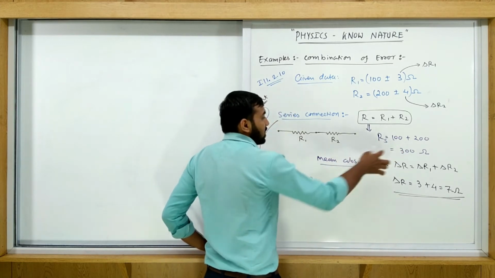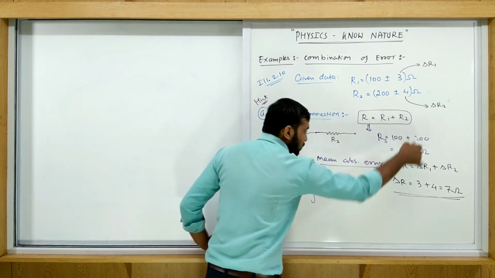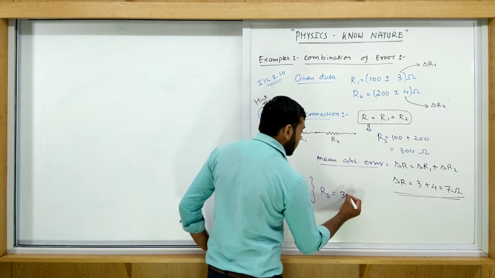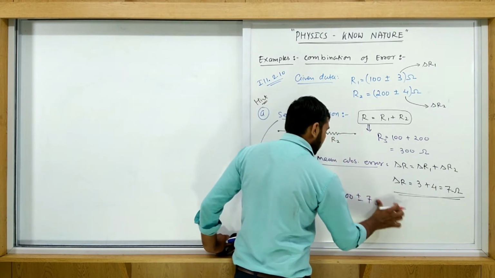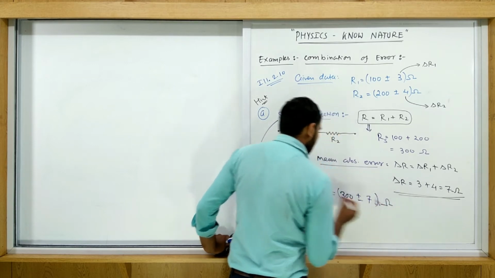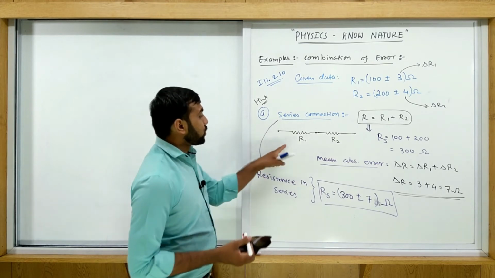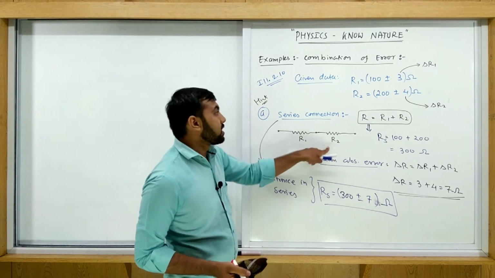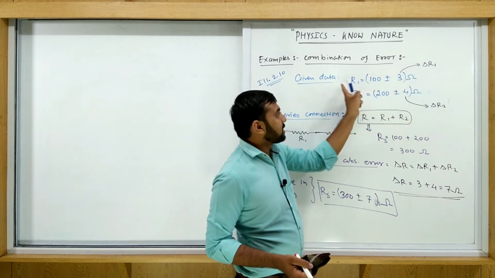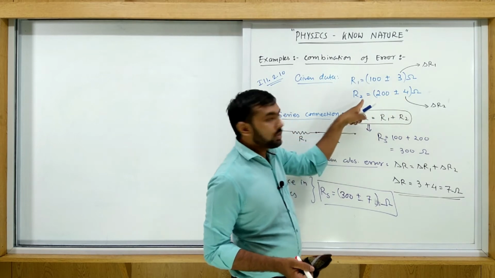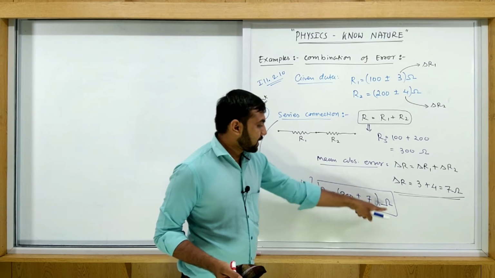It is also called RS: the average value plus or minus delta R. So 300 plus or minus, what is this delta R? 7 ohm. 300 plus or minus 7 ohm. So when you connect the two resistances R1 and R2 in series, with delta R1 as the absolute error in the first reading and delta R2 as the absolute error in the second reading, you get the final answer. RS is equal to 300 plus or minus 7 ohm.